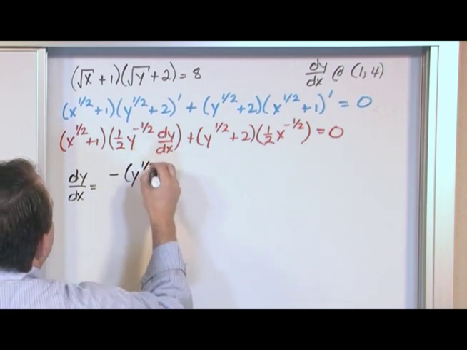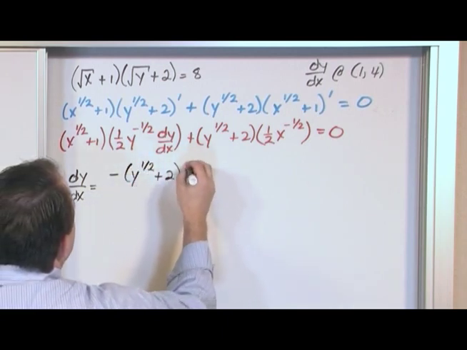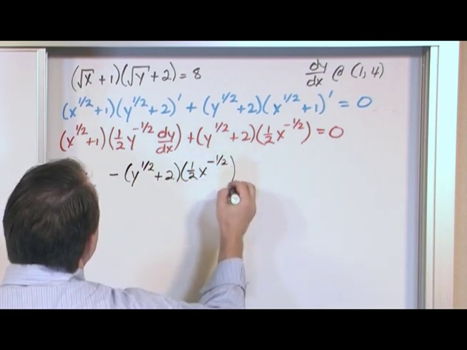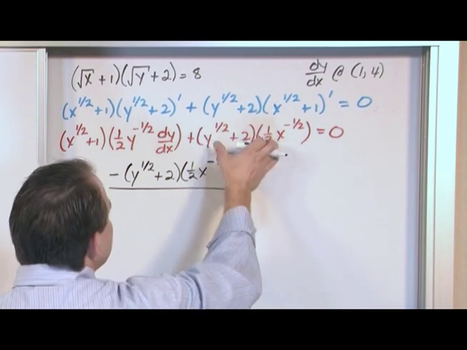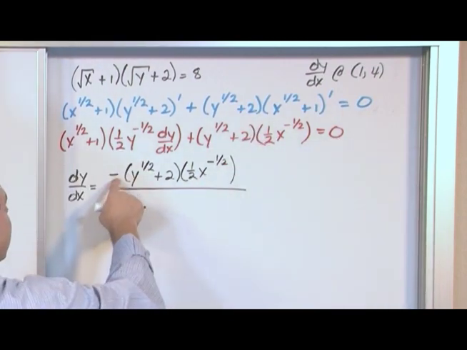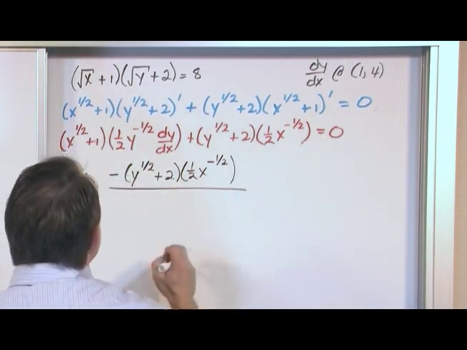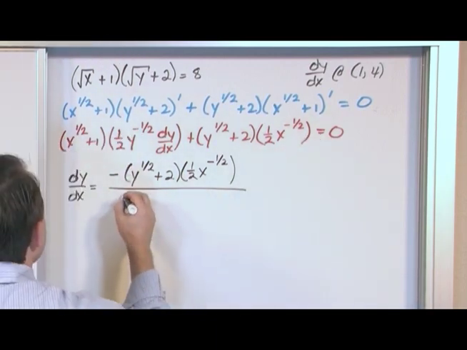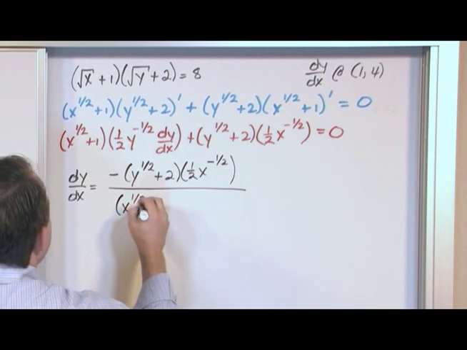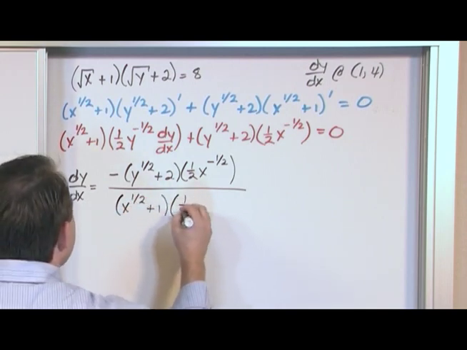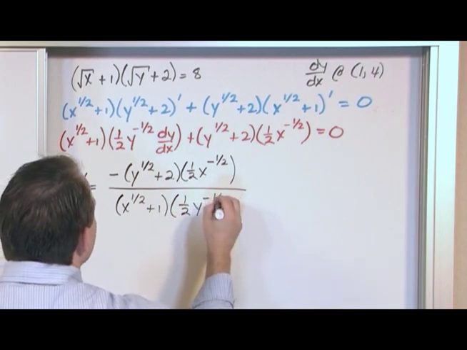y to the 1/2 plus 2 times 1/2 x to the negative 1/2, all divided by, because I moved this over there, that's why I made it negative, but then to solve for dy/dx, all of this stuff we need to divide by to get it over here. So what we're going to have is x to the 1/2 plus 1 times 1/2 y to the negative 1/2.